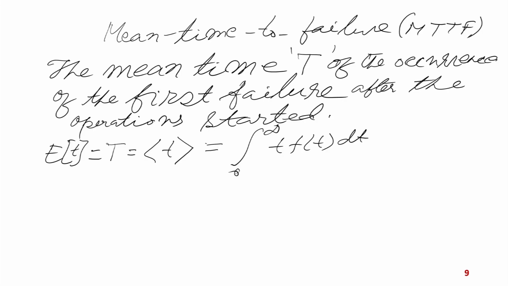Okay. Now, I can write this as integral 0 to infinity t times f t. Now, what is f t? f t is actually minus r dash t. So, I take the minus sign out, then t r dash t dt.